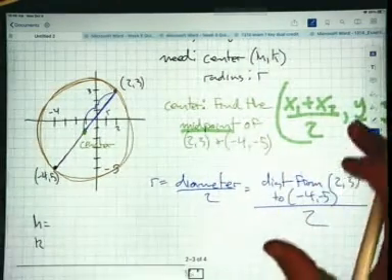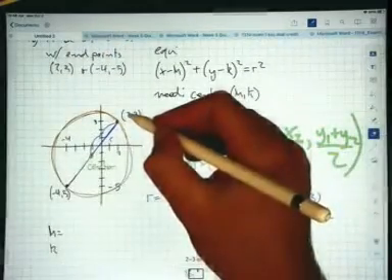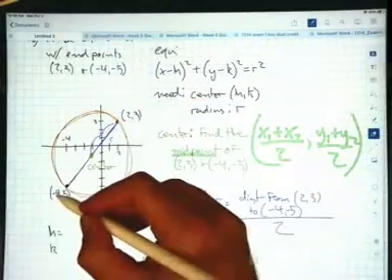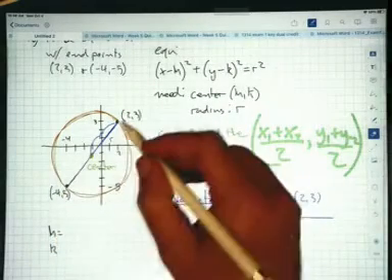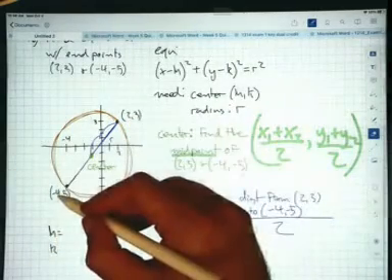Midpoint. You should do 2 plus a -4 over 2.